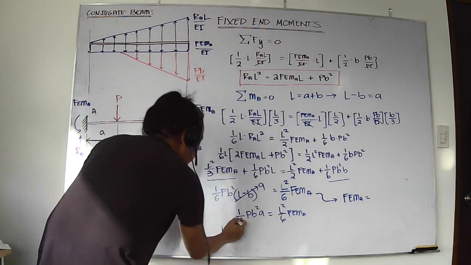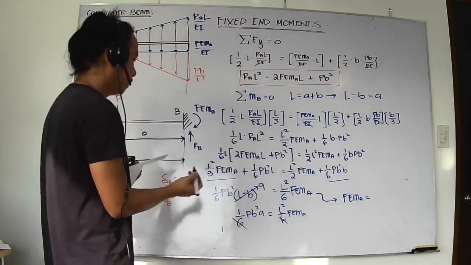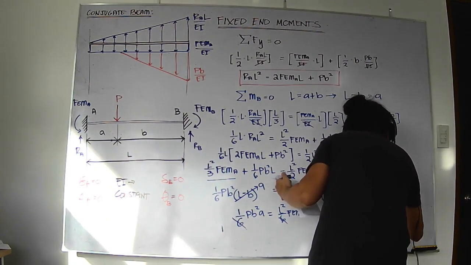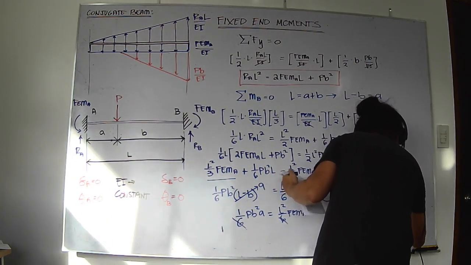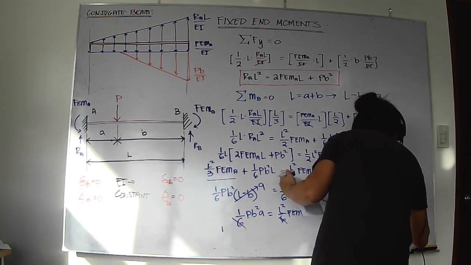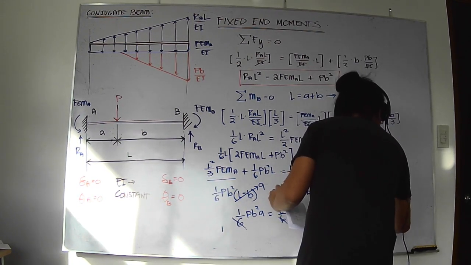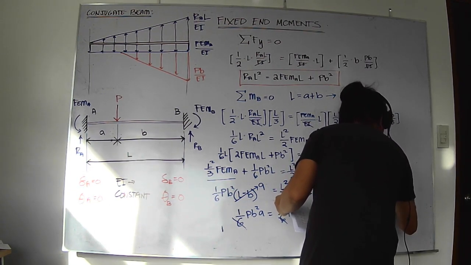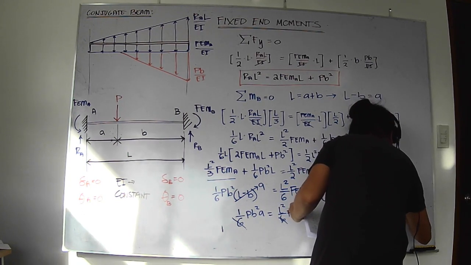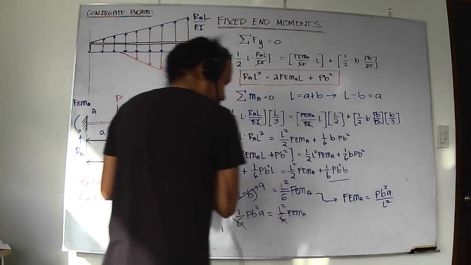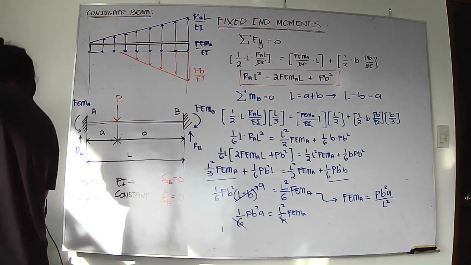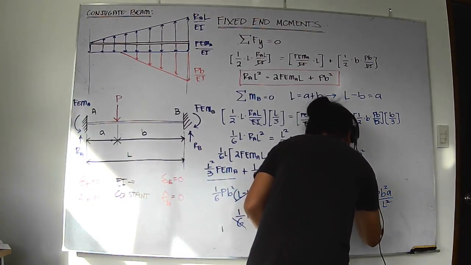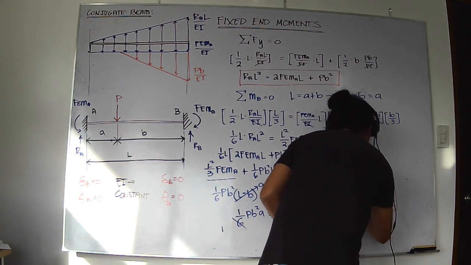Okay? So the 1/6 cancel out, and you just have PB squared A over L squared. That's our fixed end moment at A.